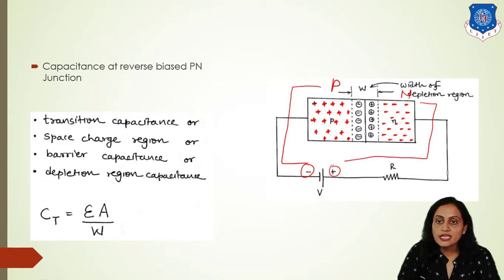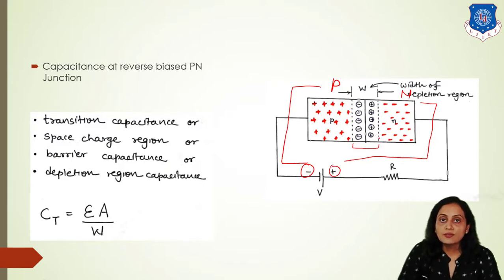Due to reverse bias, nearer to the junction, carrier movement takes place, and ultimately a region is created nearer the junction which contains only immobile ions, and the capacitance offered by this particular varactor diode is given by epsilon A divided by W. So this is also referred to as transition capacitance, space charge capacitance, barrier capacitance, or depletion region capacitance.